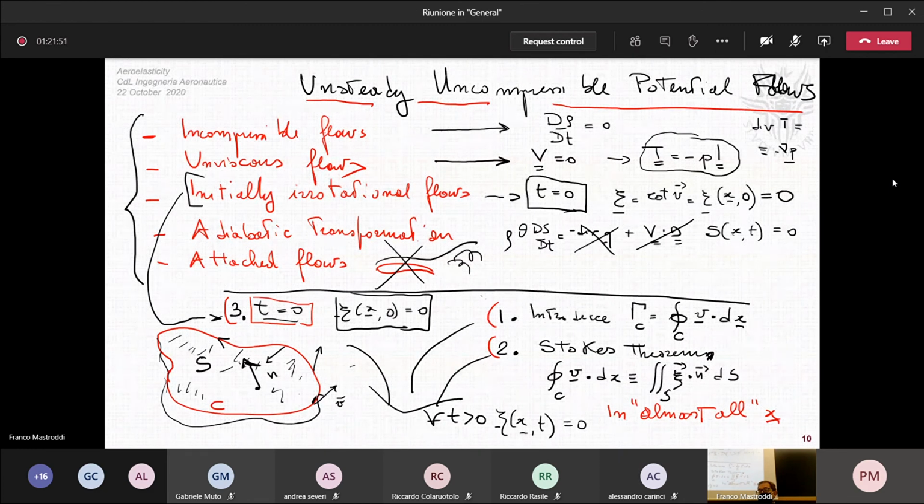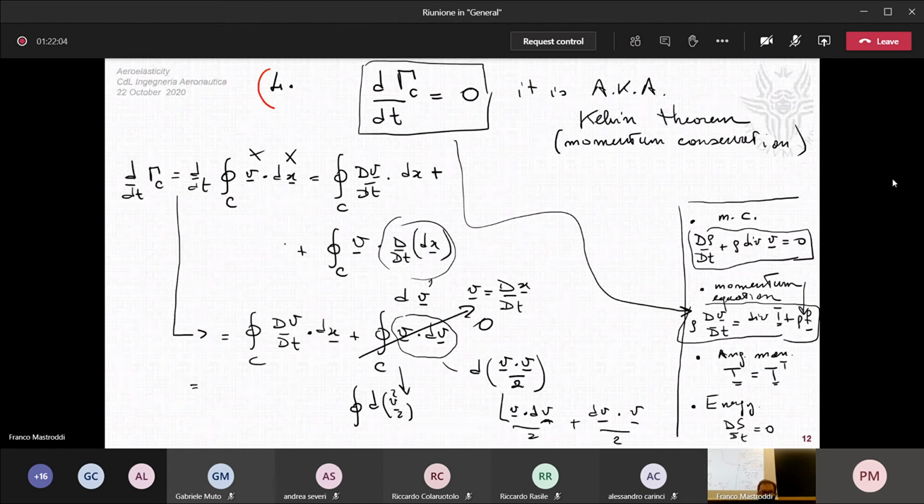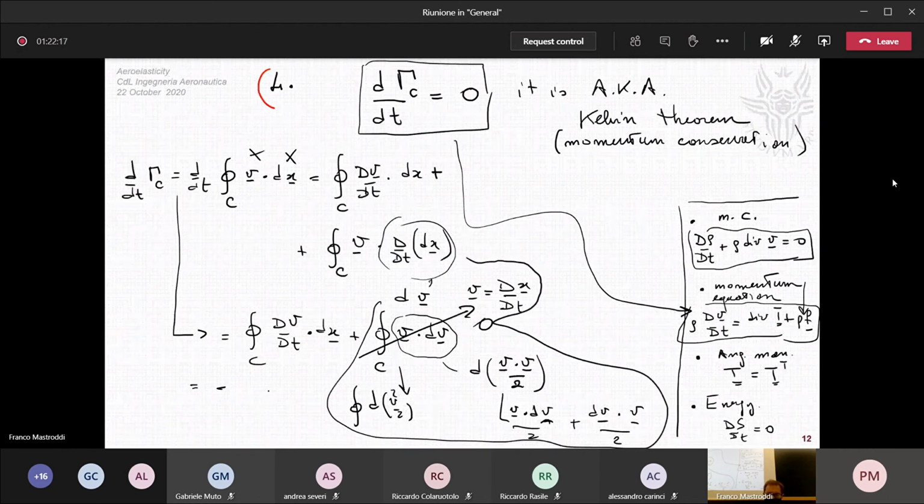Okay? Do I have to illustrate this point? Are you able to? Okay, advanced student. And so at the end of the story this quantity is minus the gradient of the pressure dot dx.